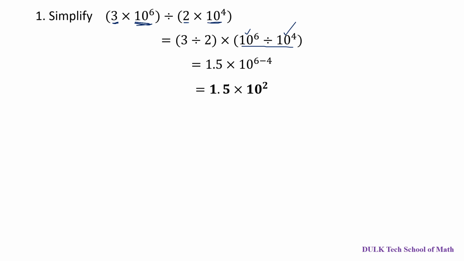Right, let's move on to our second example. We have 8.1 here, the coefficient of 10 to the power 8, and we have 9 here, the coefficient of 10 to the power 11.